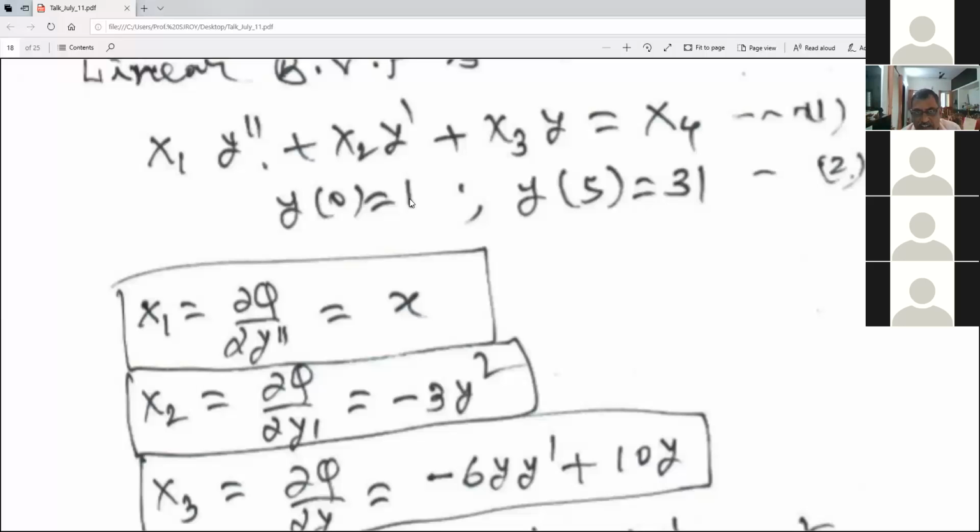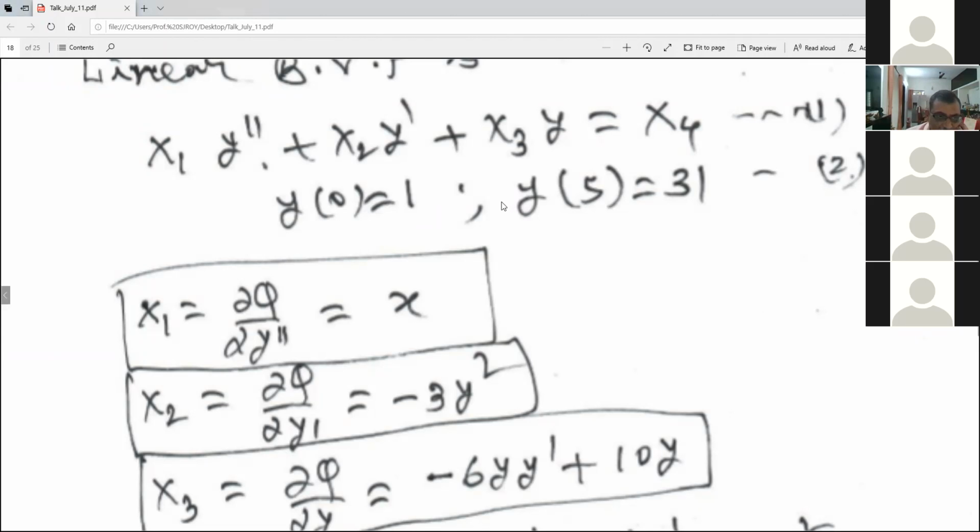You can take anything. 1 plus x, at x equal to 0 it is 1. So you can write 6x plus 1. If you write 6x plus 1, at x equal to 0 it is 1, and 6 into 5 is 31. So these 2 points will be satisfied by a unique straight line, 6x plus 1.